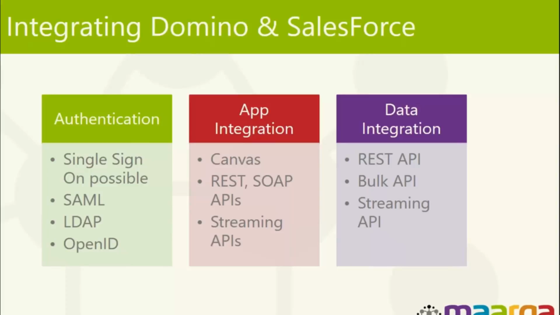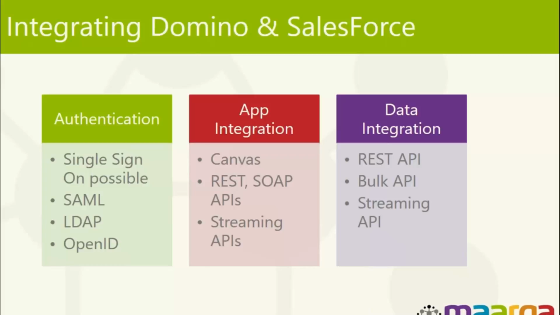But a much more common scenario is where your Domino application wants to pick data from Salesforce, or your Salesforce application needs to integrate data from Domino. Both of them are possible, primarily because of the ability to use REST APIs.